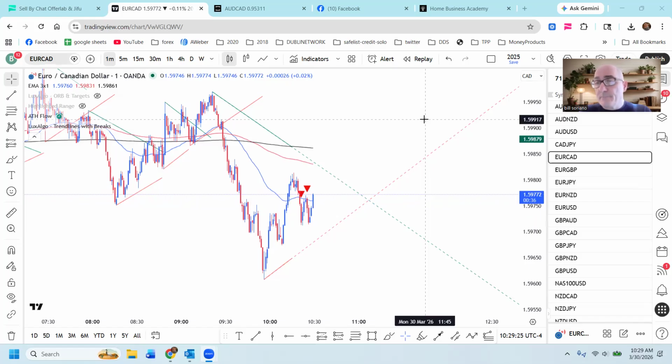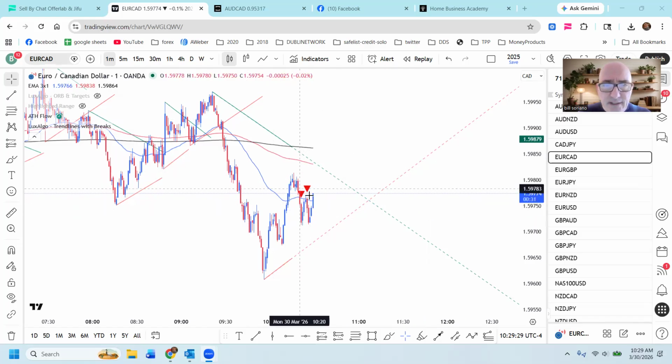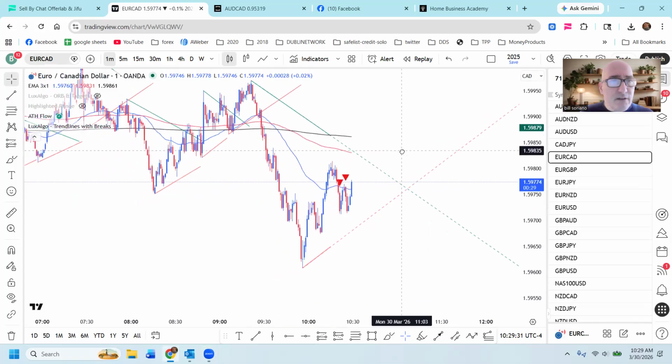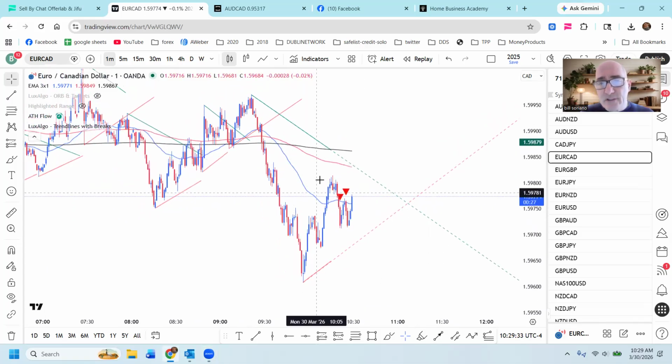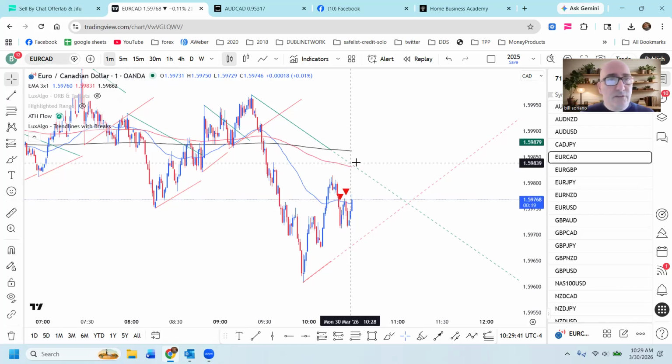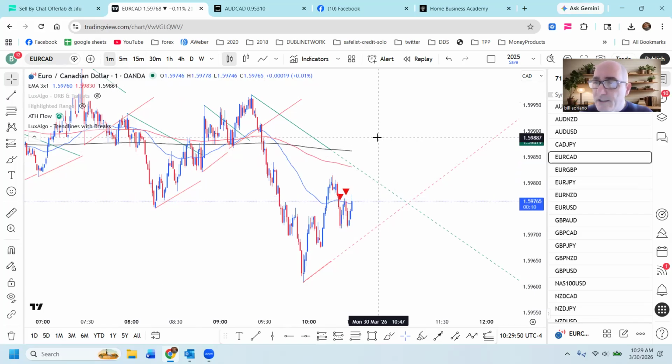This strategy is on a 1 minute time frame, and our ATH indicator are these red triangles coming out. Now, I have three moving averages on here: the 55, which is blue, the 233, which is red, and the 987, which is black. I use them to determine trend. So the community kind of just looks on the 1 minute time frame, then goes up to the 5 minute just to see if there's anything blocking the trade from getting to take profit.